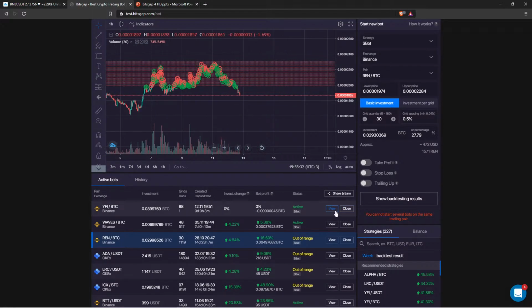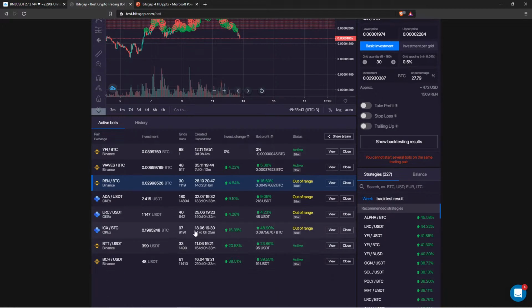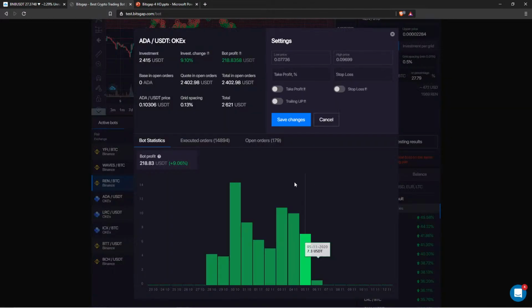So as you click on view, you have all information here and the exact amount currently frozen in trades, as well as bot statistics. So let's click on maybe Cardano, and here we go. Here's the information of what is the amount of profit generated by the bot on a daily basis.